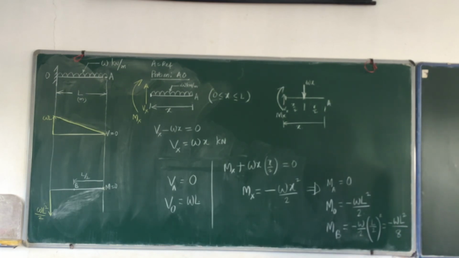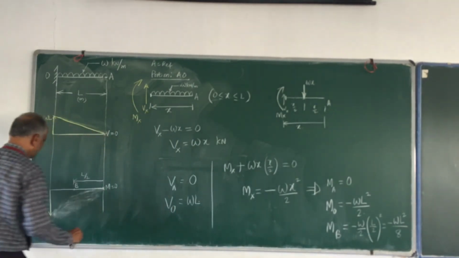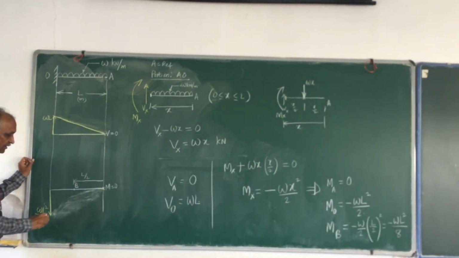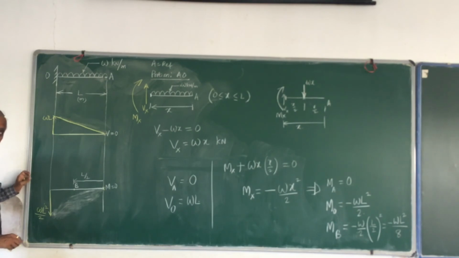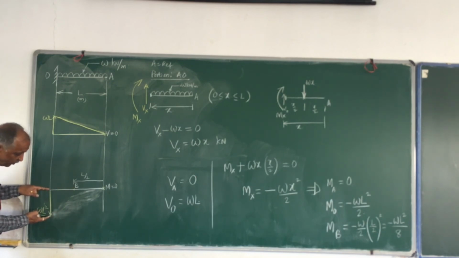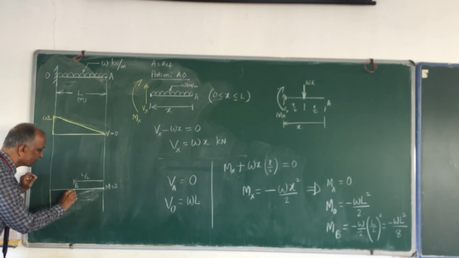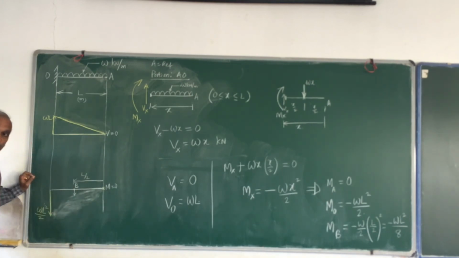Minus WL square by 8. At the point B, the bending moment is WL square by 8. So this is WL square by 2, and the bending moment here is 1/4 of this, a very small value, WL square by 8.